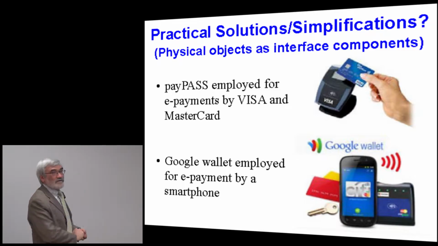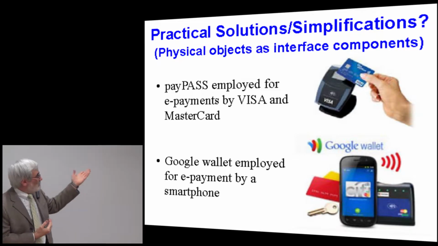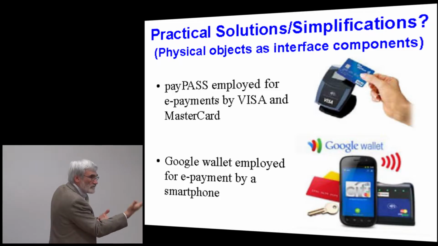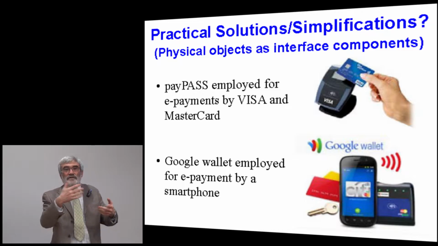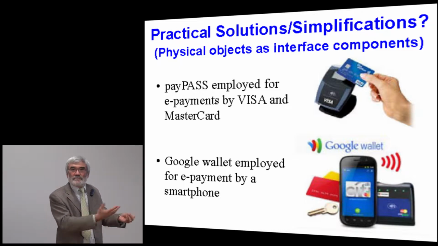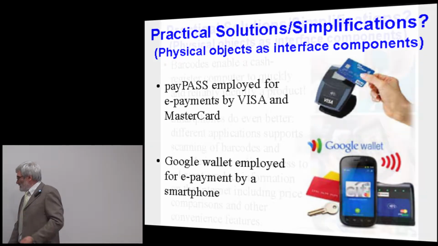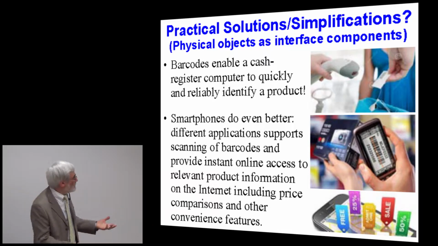Well, there are difficulties because they are just proximity. The terminal doesn't know anything about how the card is oriented or what's printed on the card, or is it a real card, or is it just the chip or something fake. But practical solutions like that, they're all around us.